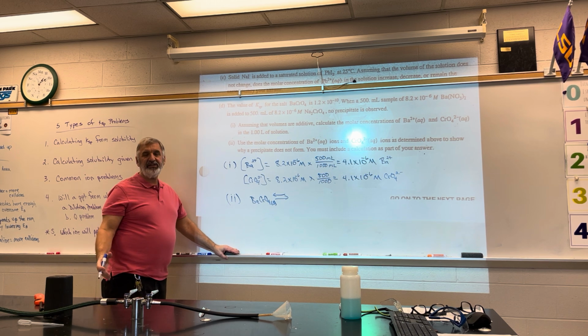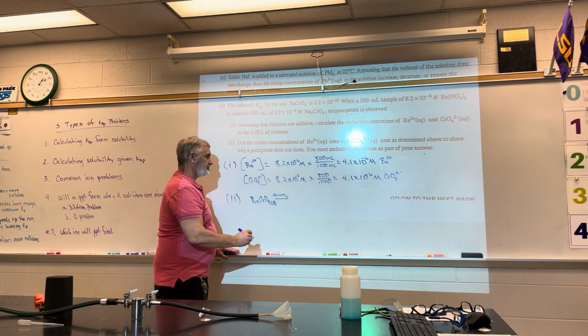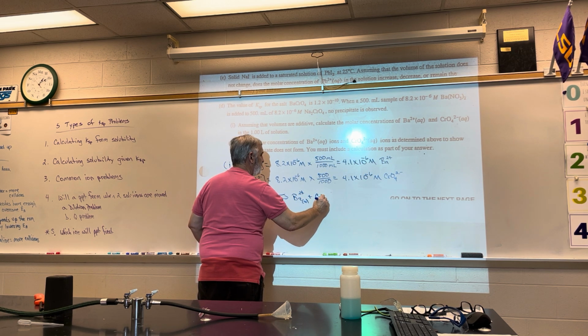You kind of need it to be able to write your equilibrium expression, but you can do it in your head if you needed to. What are we going to get? Just Ba2+ and the CrO4 2-.